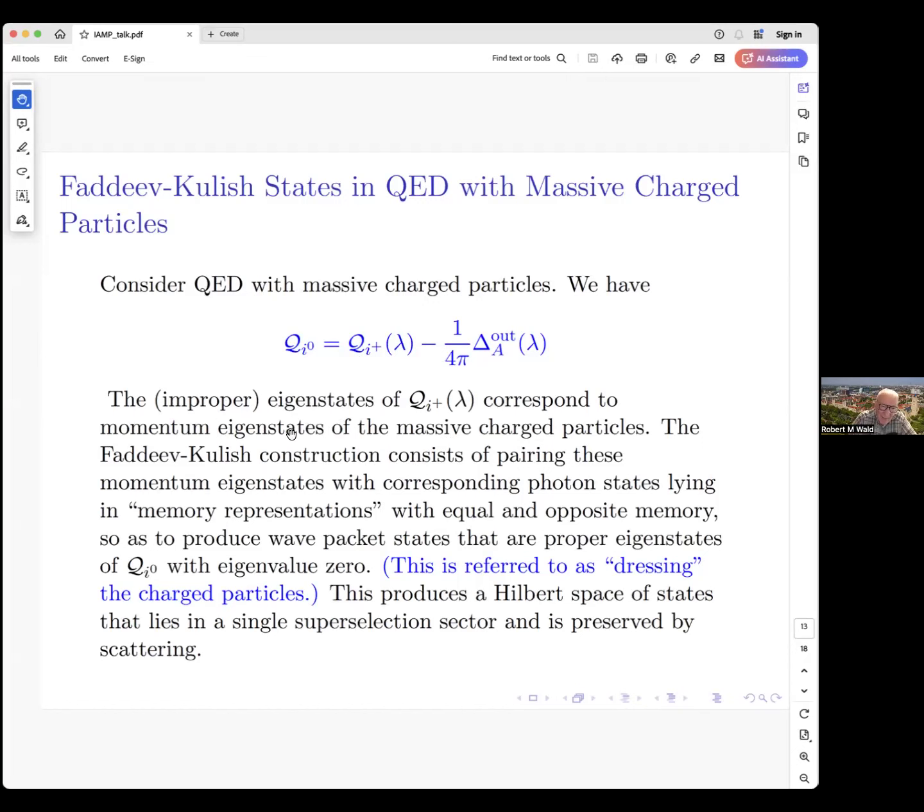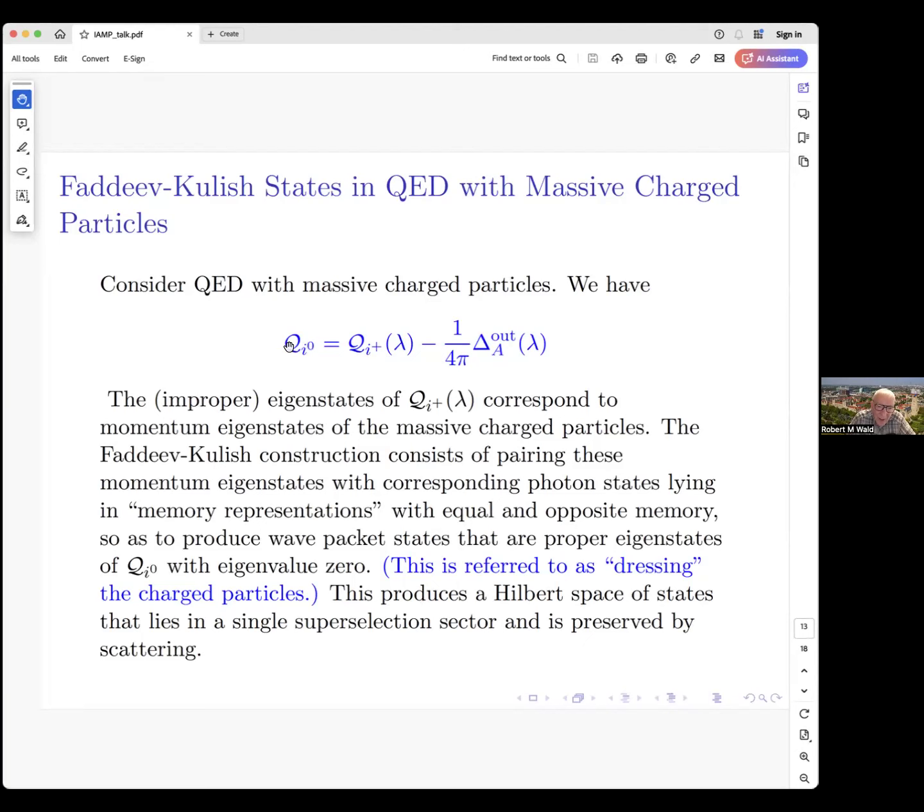So states of definite momentum will be states of definite charges here.